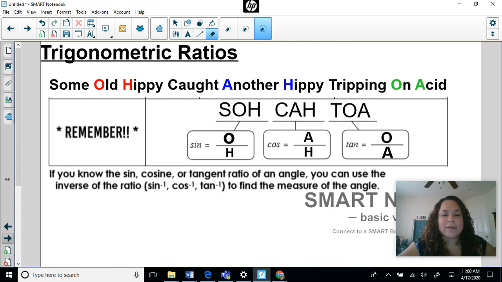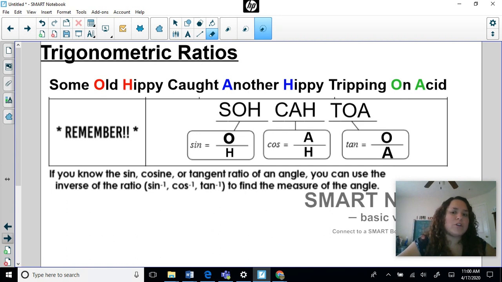Cosine, the part of the sentence is caught another hippie. A represents adjacent, H represents hypotenuse. For tangent, in the sentence that's tripping on acid, the O represents opposite and the A represents adjacent.